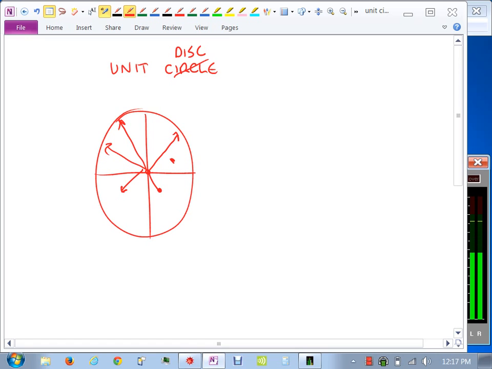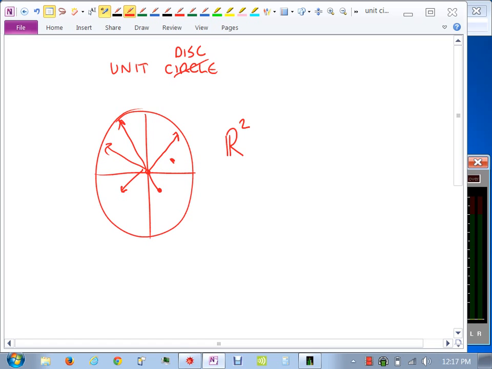If I start at the origin and go out, anywhere in here, it's solid. Anything where the distance between the origin and the point is 1 or less. It's called the unit disk. Yes? This is in 2-dimensional space. That's how we write 2-dimensional space, R2.